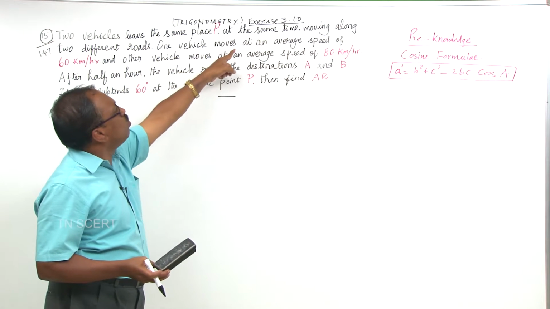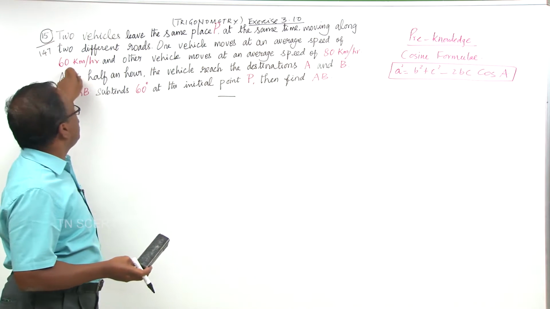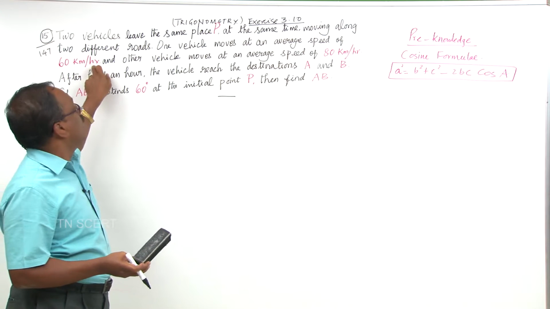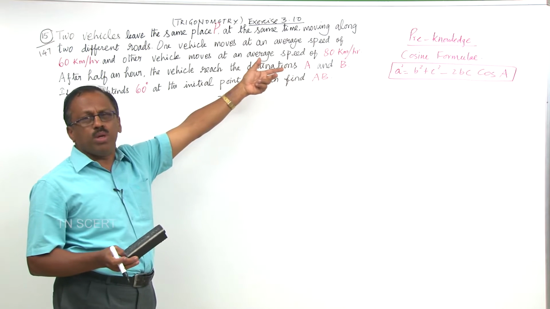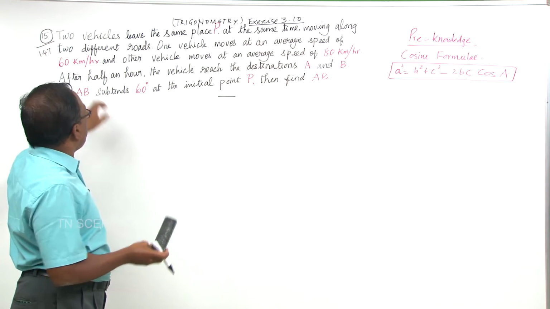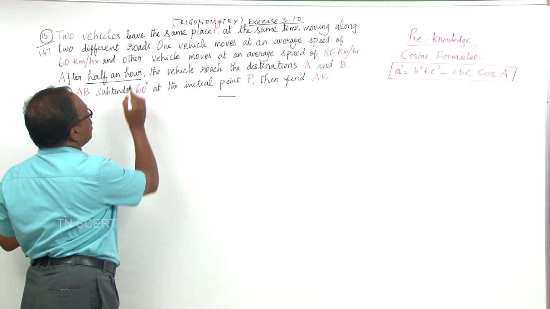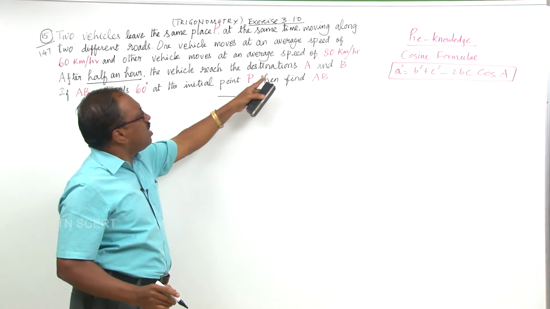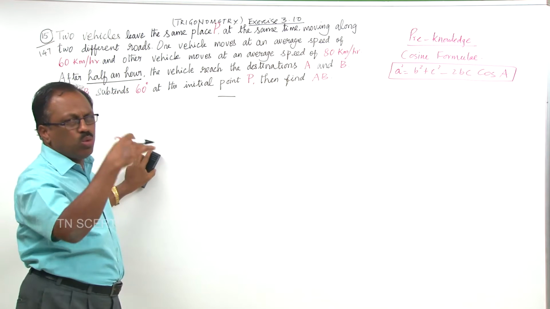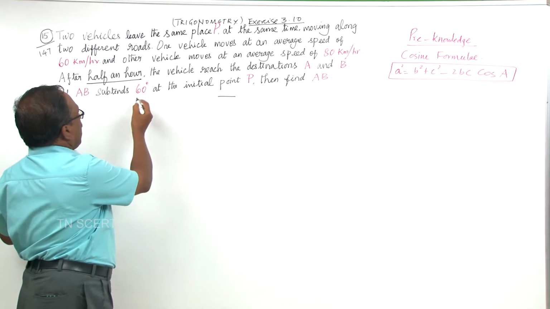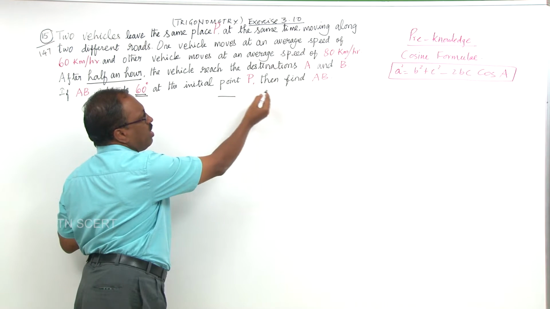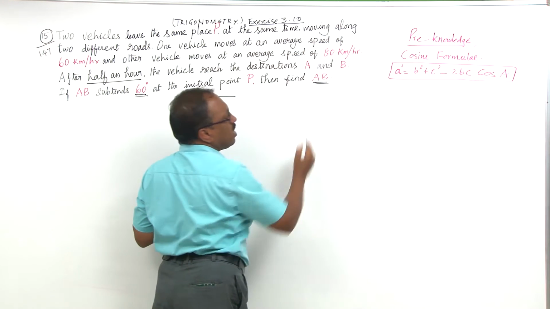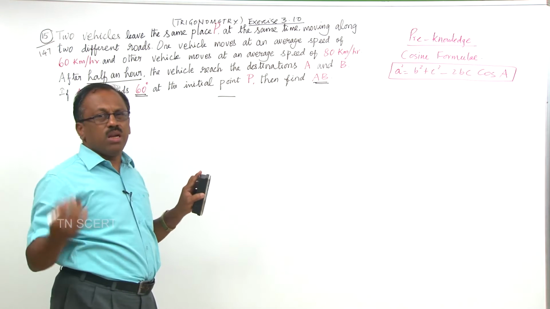One vehicle moves at an average speed of 60 km/h and the other at an average speed of 80 km/h. After half an hour, the vehicles reach the destinations A and B, two different places, and the angle made at the initial point P is 60 degrees. Then what would be the distance between A and B?